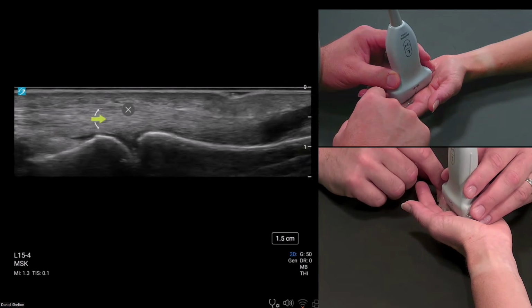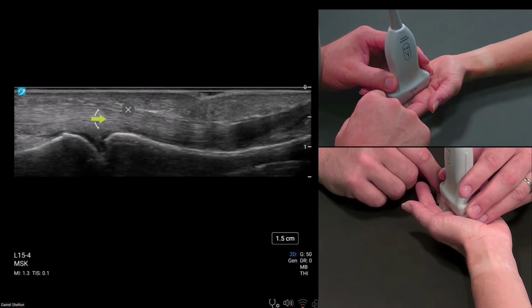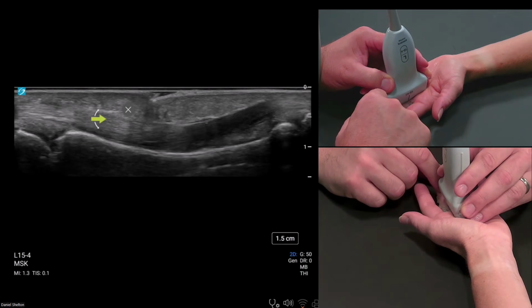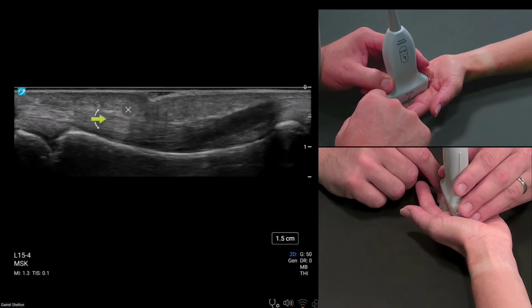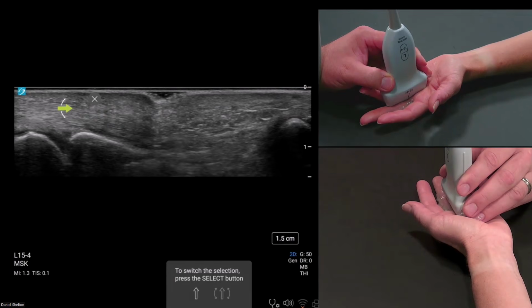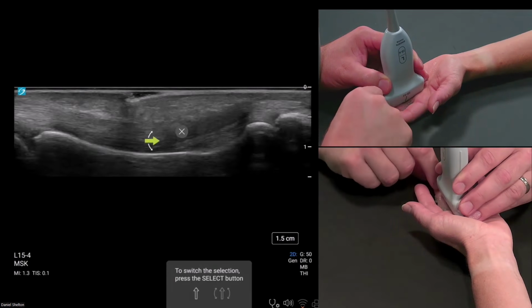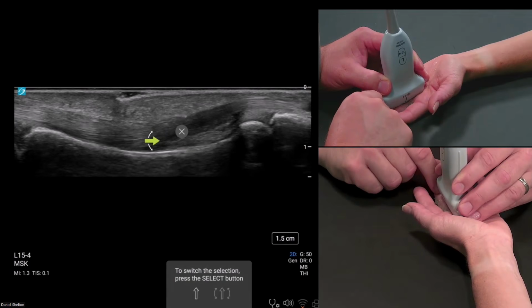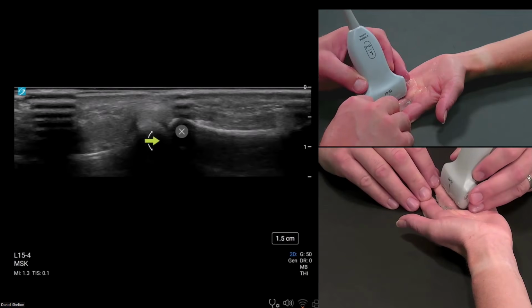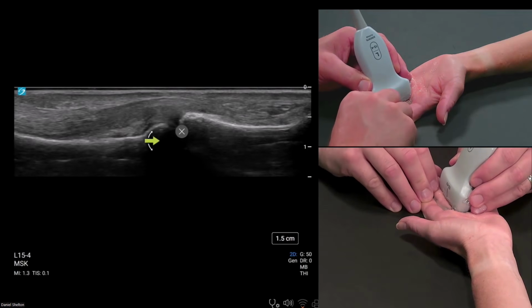Now what you'll notice is as I go distal, profundus becomes more superficial. And then you see the superficialis portion of the flexor here dive on the sides, and that's more evident in a cross section. But here you can see them almost switch places, especially on the lateral edges of the tendon, like this.